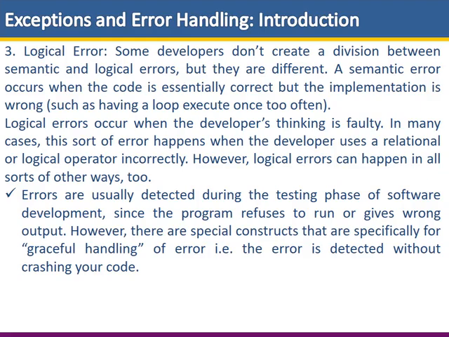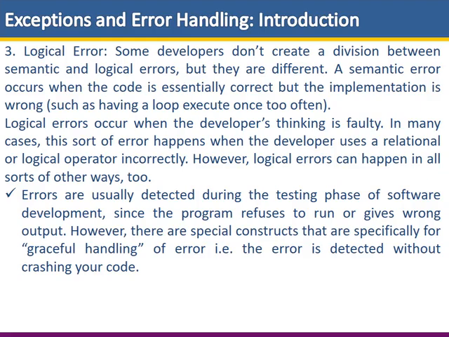In many cases, this sort of error happens when the developer uses a relational or logical operator incorrectly. However, logical error can happen in all sorts of other ways too.